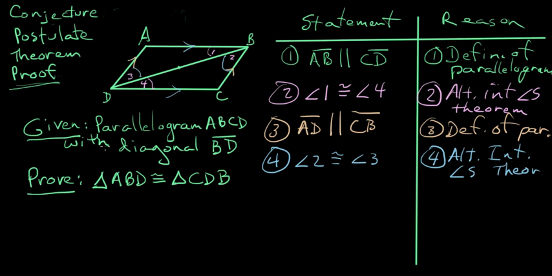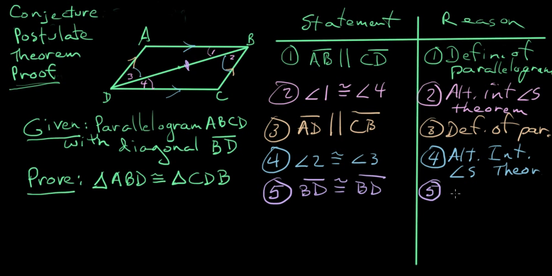And finally, I've got number 5, not finally because I've got a couple more here to go. Number 5 says BD is congruent to BD. Okay? This line is congruent to itself. Now, we talked about this in class the other day.